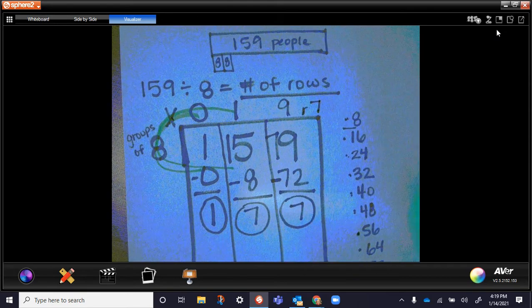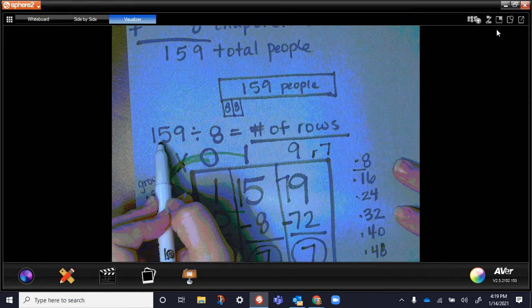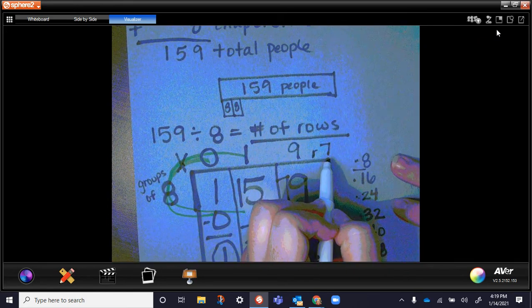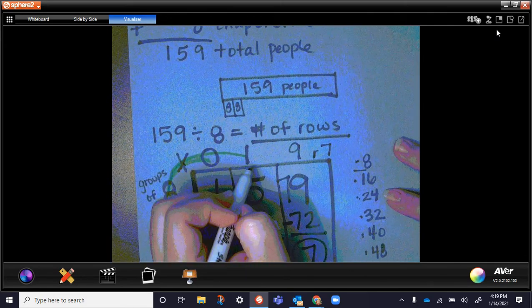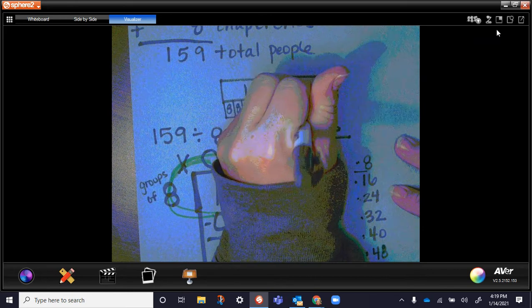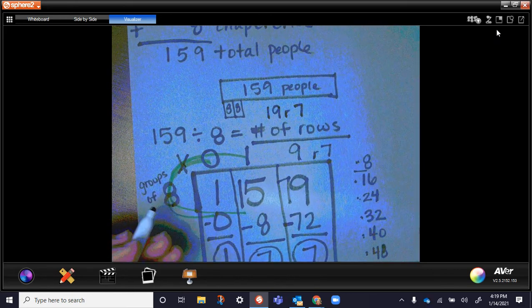Now let's look at what we have. So remember when we said that 159 divided by 8 was going to tell us the number of rows that we have? Well, our answer that we got is 19 remainder 7. Now, 19 remainder 7 doesn't really describe how many rows, right?